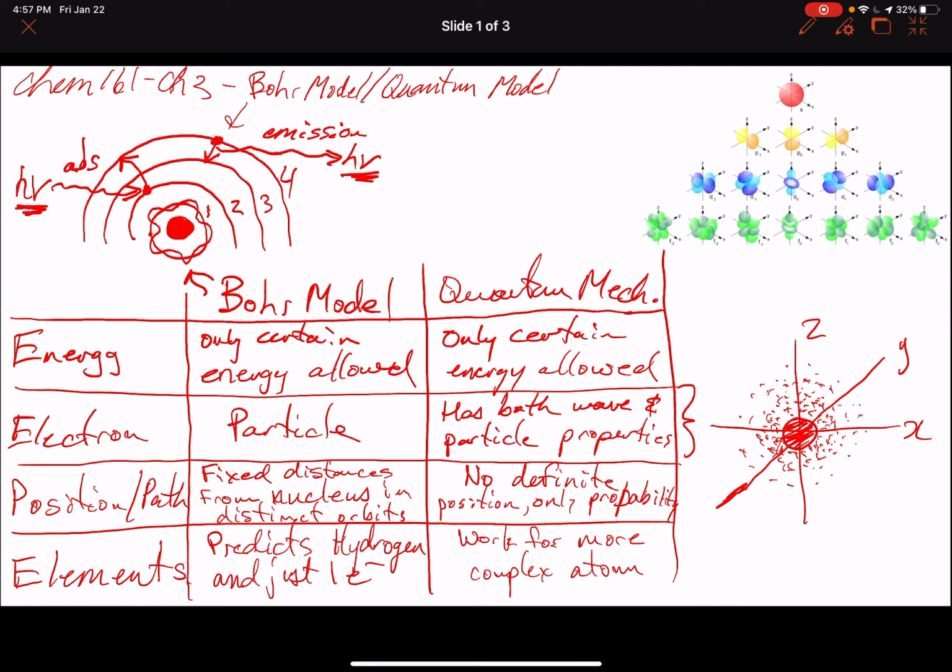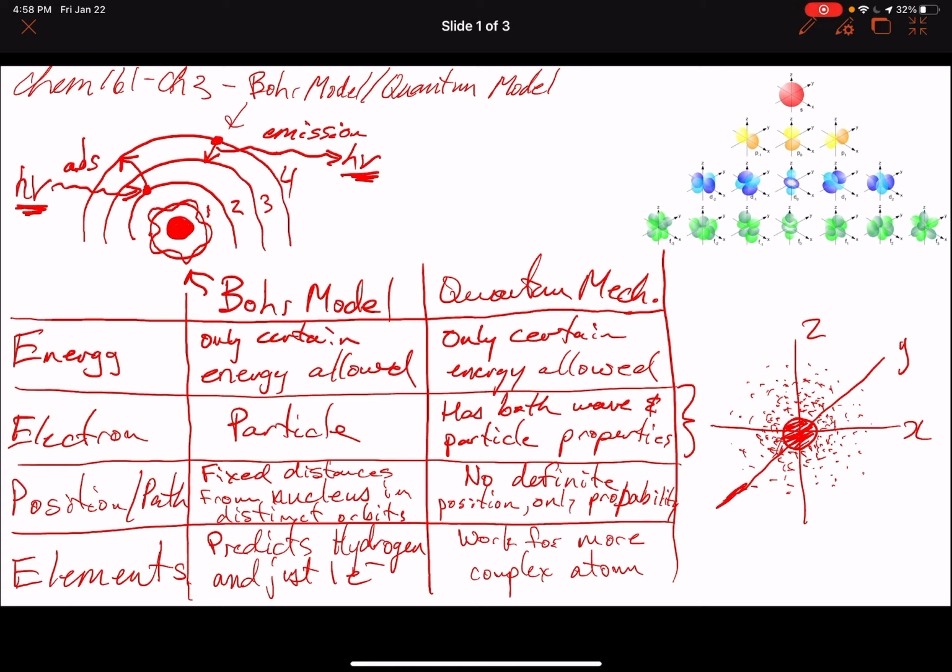So what I'm developing here on the screen is a model where I have ultimately very unlikely locations for the electrons reflected by the density of dots, and increasing dot count as I go closer to the nucleus.